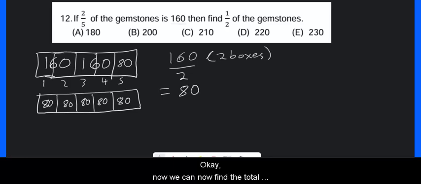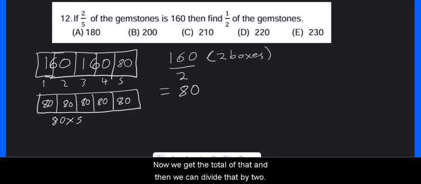Okay, now we can find the total of this. Okay, 1, 2, 3, 4, 5. So we know that if we add all this, it is the same as multiplying that by 5. Now we get the total of that, and then we can divide that by 2.